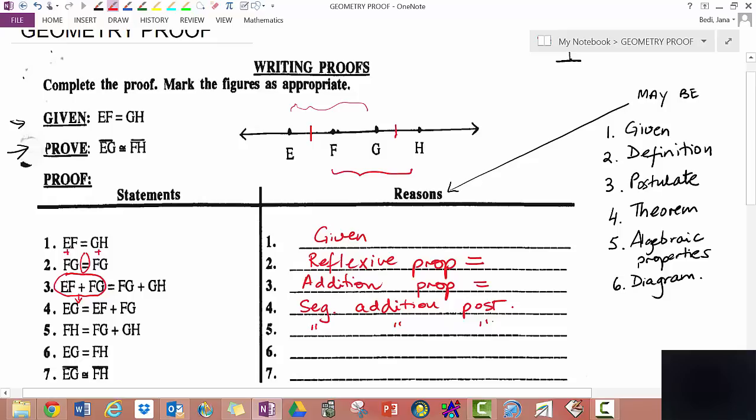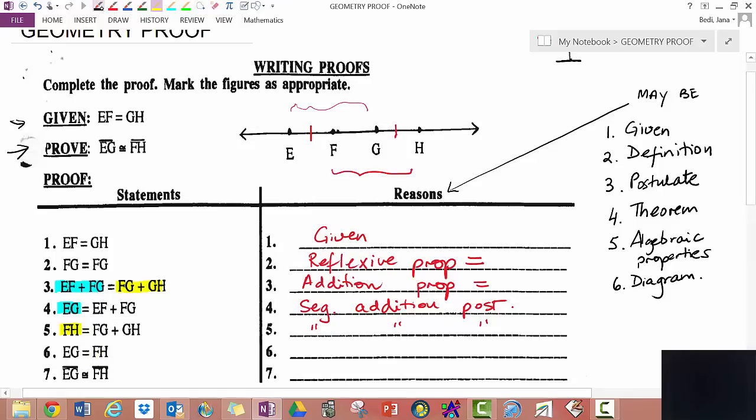So now what I can do is, let's erase this. Let's use some colors here. If you will see that in 3, instead of FG plus GH, I can substitute FH, which gives me statement 6.